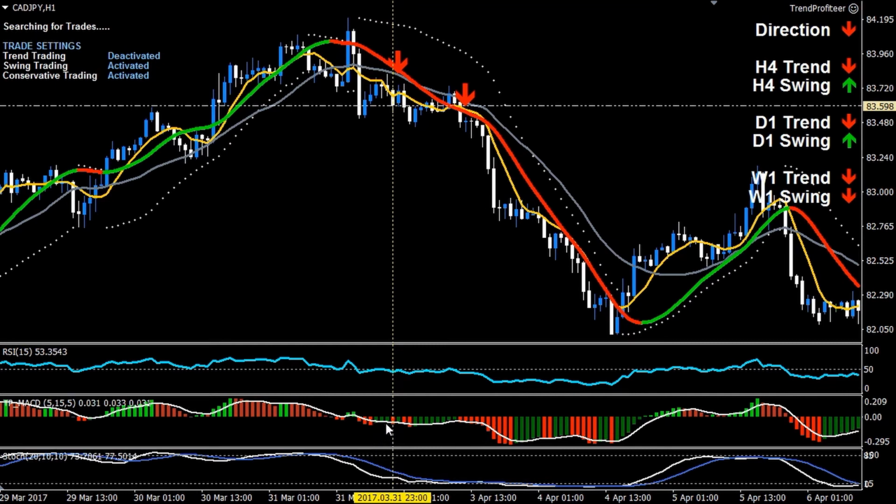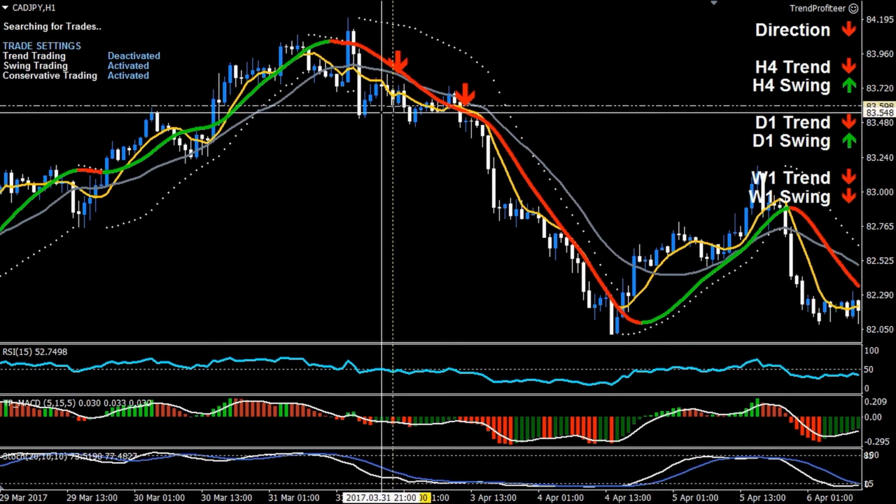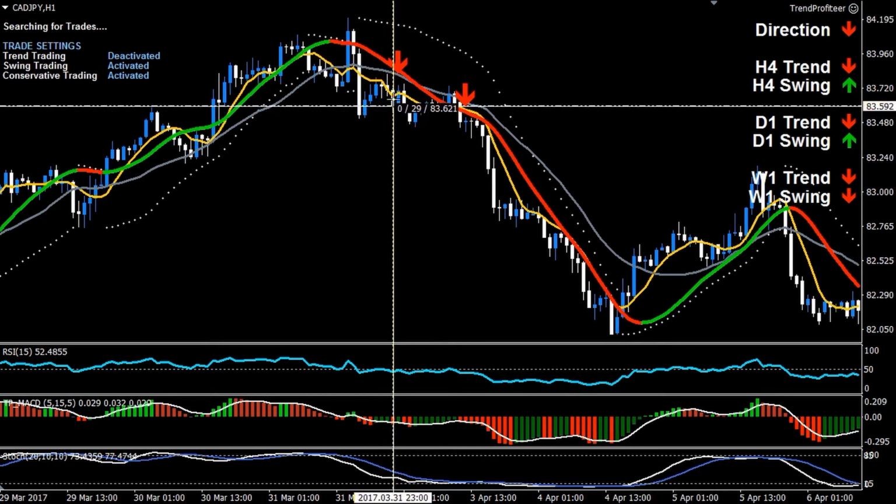There must be at least 2 consecutive green histogram bars below the 0 line, followed by a red histogram bar that's below the 0 line and below the signal line. And that's all we need to validate a swing within a trend conservative sell.